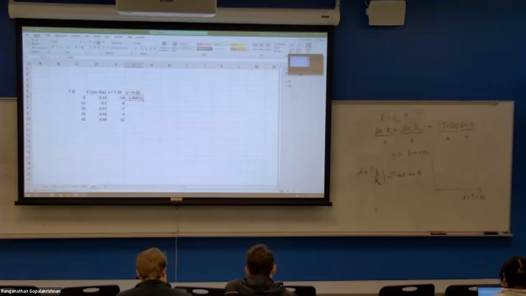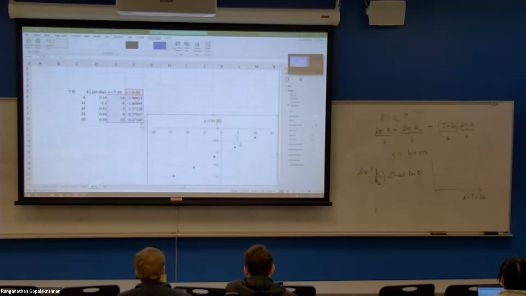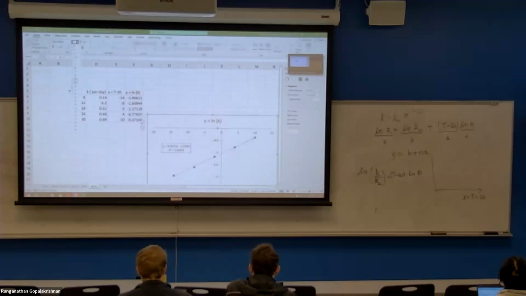All right. So now you plot these two quantities, add a trend line, linear, and display the equation.